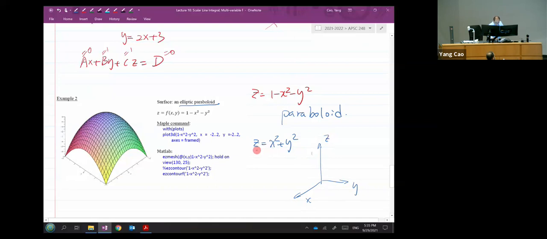The z must have a minimum point. The minimum value for z is what? 0, right? It cannot go below 0. So the minimum is 0, and then you can certainly sketch that by drawing a paraboloid pointing up. That's what I want you to be able to do.